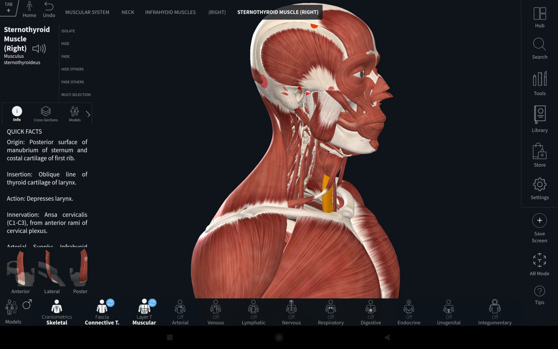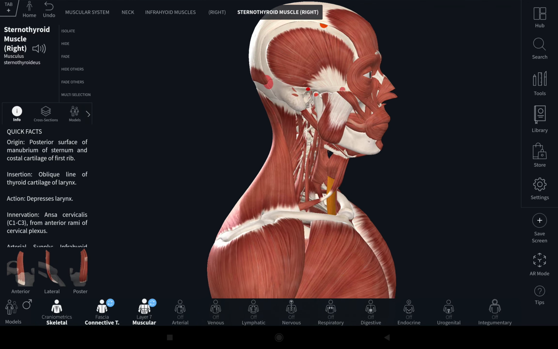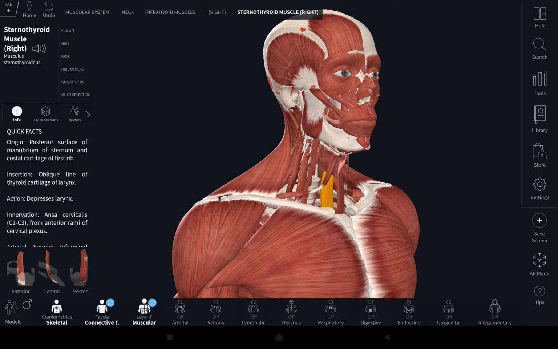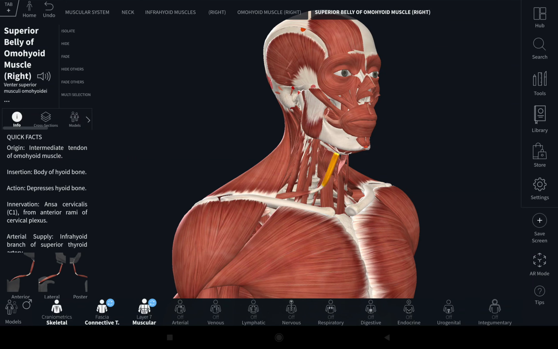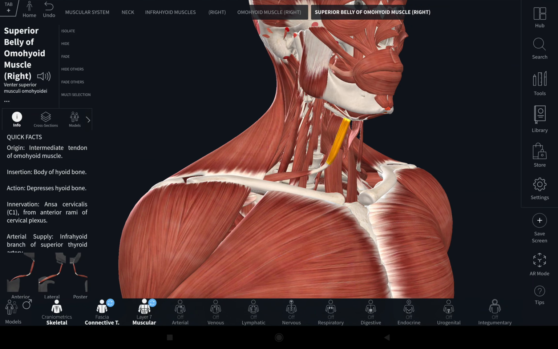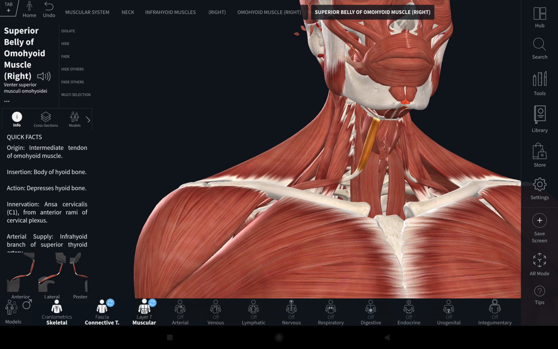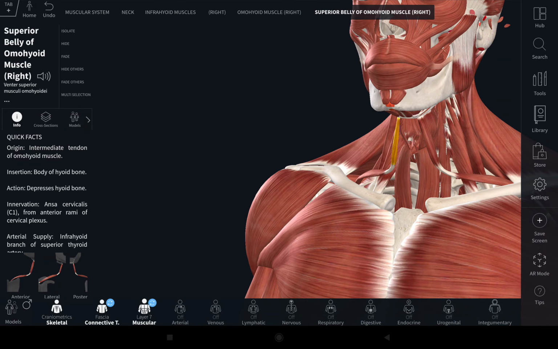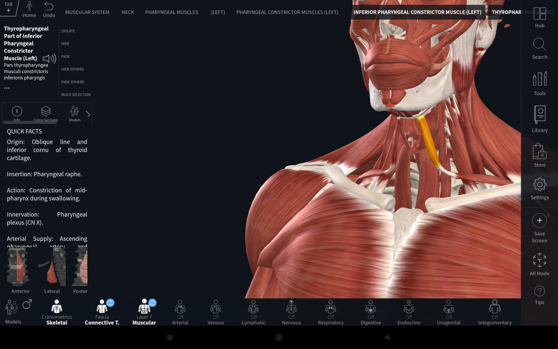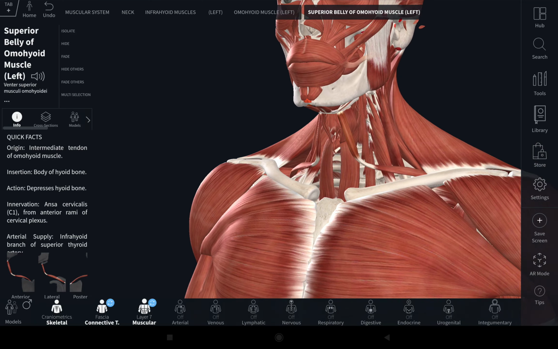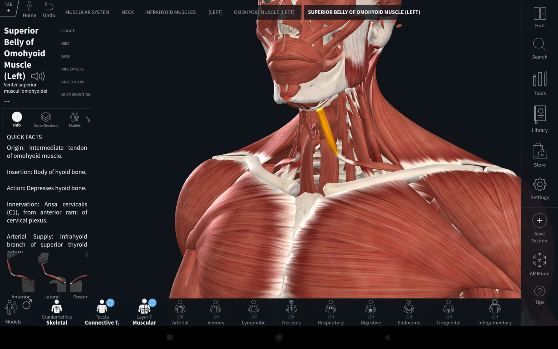The muscles highlighted, this is the superior belly of omohyoid muscle. This is the superior belly of omohyoid muscle, and this is the superior belly of omohyoid muscle of left side.